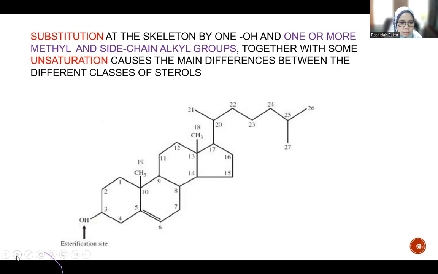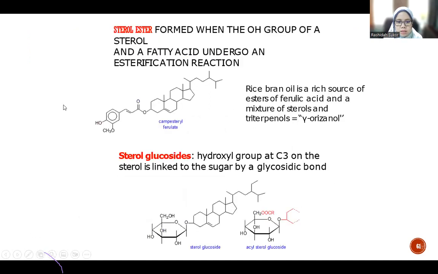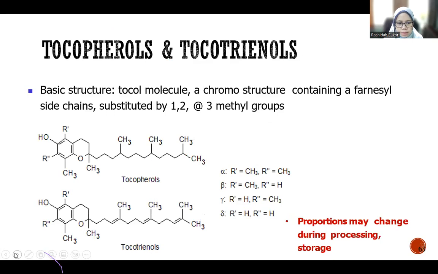I will just skip the explanation for today. This one is just to mention how the structure is different if you change the R group at certain positions. This one is talking about sterols.